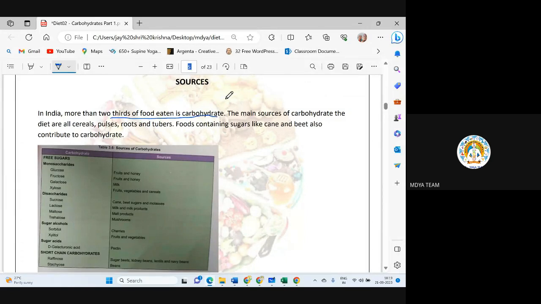Approximately 66% of our diet is carbohydrate, and it is not bad. It is according to our body's need. We need around 50 to 60% carbohydrate. If you are taking 100% of calories, then 50 to 60% of calories should be from carbohydrate, because carbohydrate is the main source of energy. This we will also discuss.